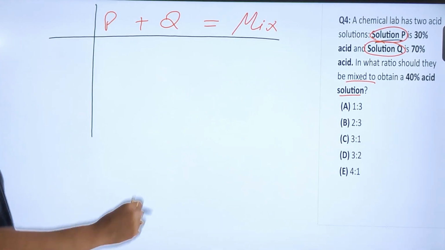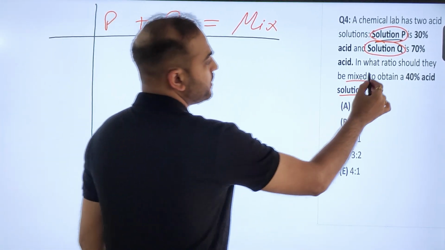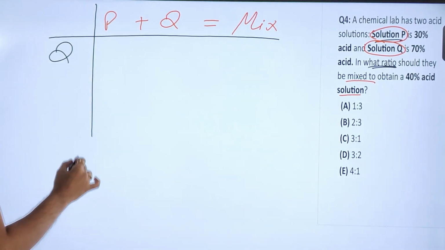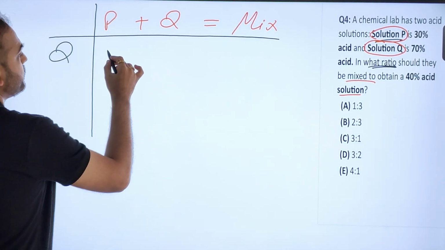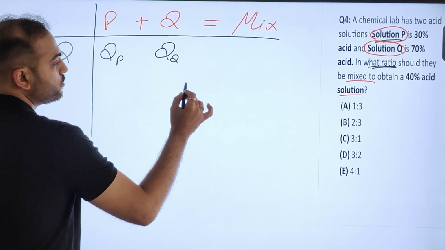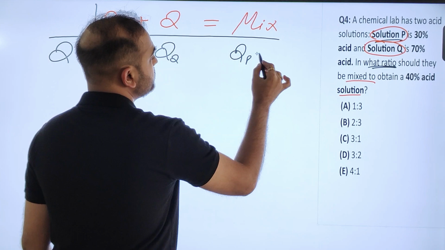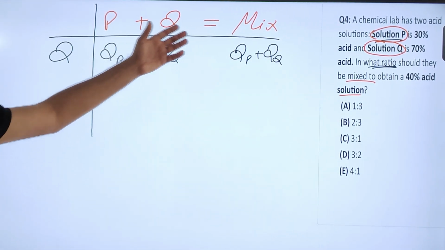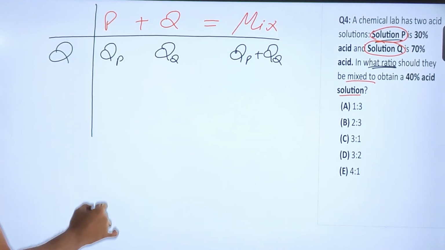Quantity is not given. They have asked us the ratio in which they should be mixed. So quantity ratio is what is asked. This is quantity of P, this is quantity of Q. Mixture quantity is QP plus QQ. The mixture quantity always adds up.